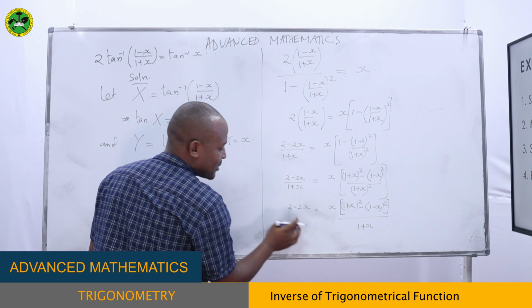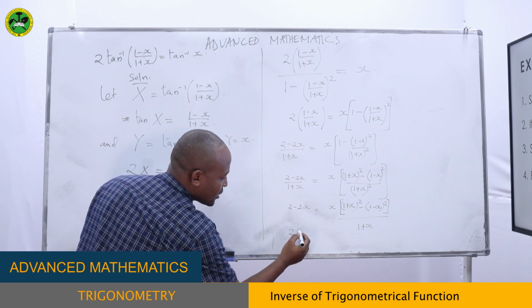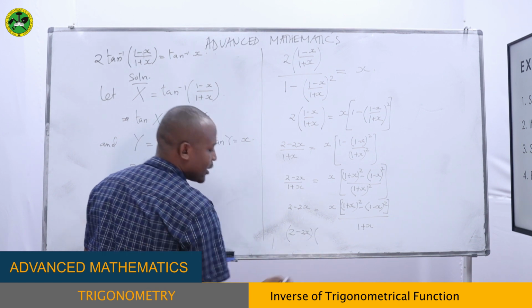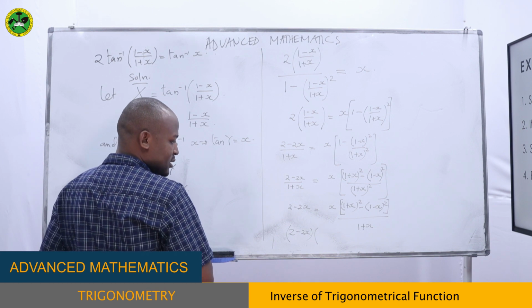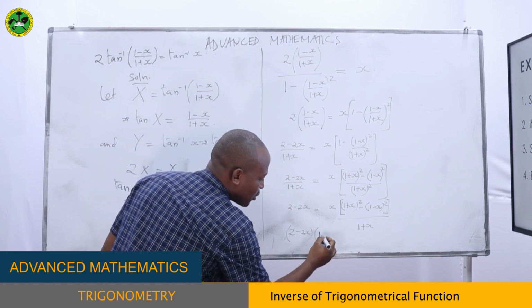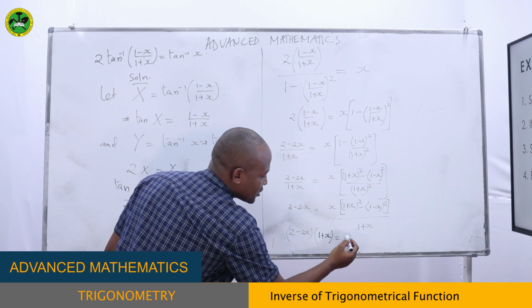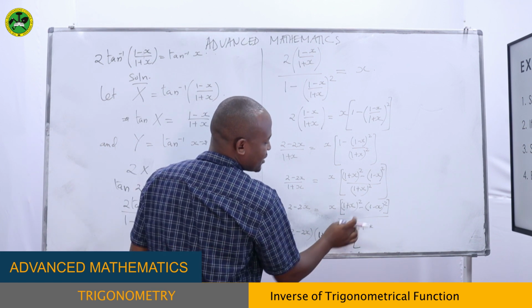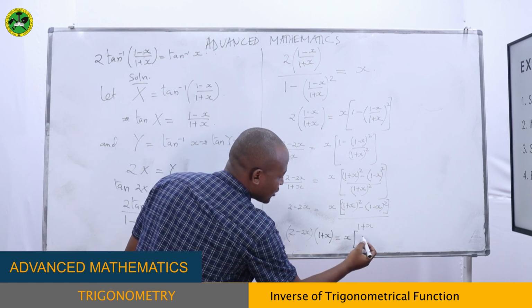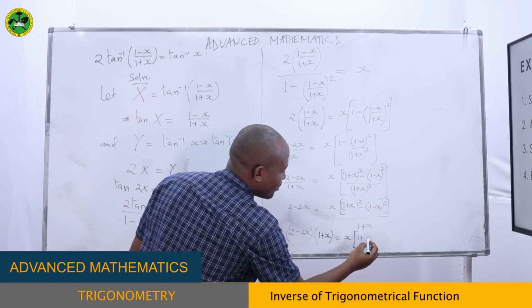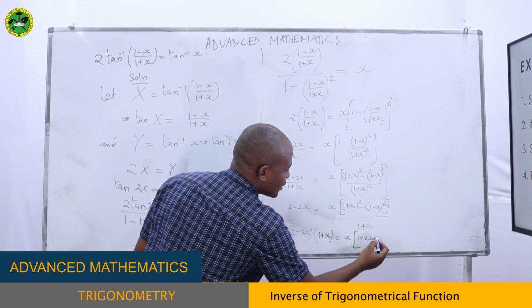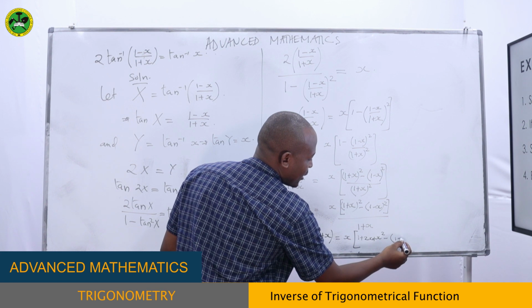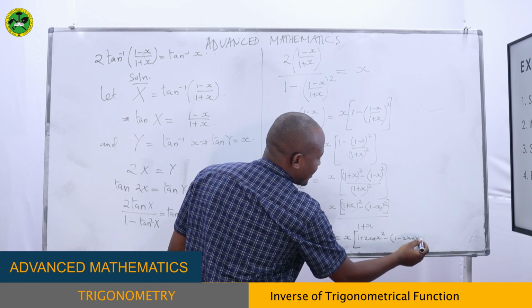That is to say, multiplying to that side, we're going to be left with (2 − 2x)(1 + x) equals to x. Let's open the brackets there. If you open that carefully, you will see that you are going to be left with 1 + 2x + x² minus (1 − 2x + x²).